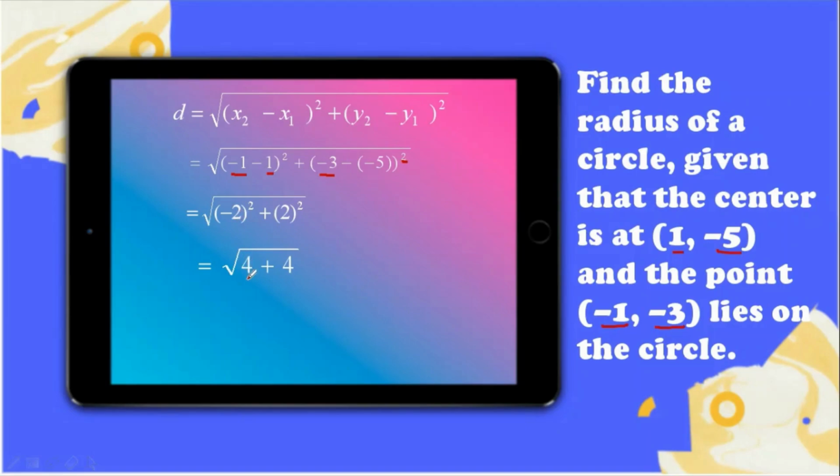Negative 2 squared is 4 and 2 squared is still 4. Add, we have 8, or the square root of 8. So again, using the calculator, the approximate radius of the given circle is 2.83 units. So that's the answer, that's the radius.